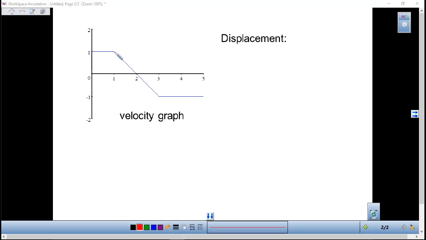You could do the trapezoid thing, or you could split it right here and make a square of 1 and a triangle of 1/2. You could do the same thing here. There's your triangle of 1/2 and 2 squares of 1. So we end up with 1.5 plus negative 2.5. So our displacement is going to be at a location of negative 1.